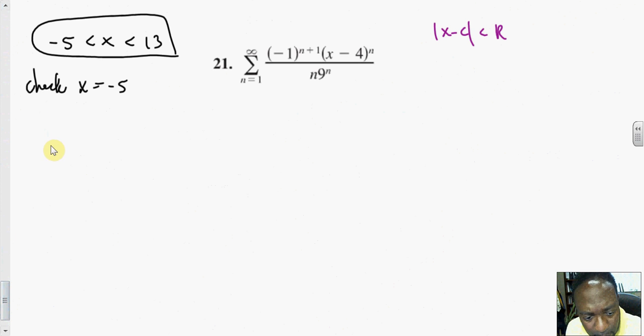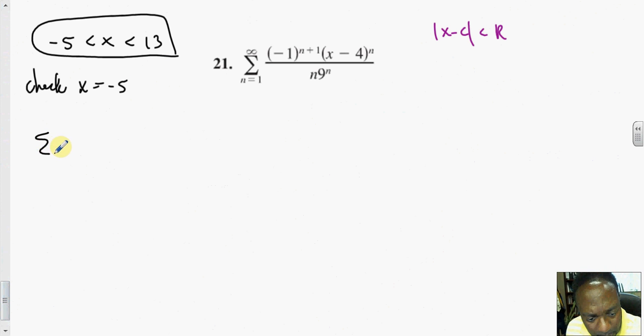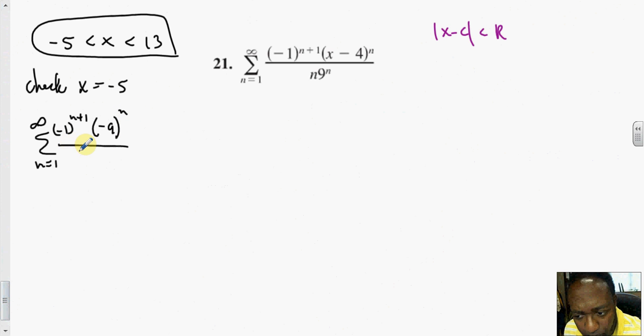So we have here the summation as n goes from 1 to infinity. This is negative 1 to the n plus 1. X is negative 5 minus 4, right? So that gives us negative 9 to the nth all over n times 9 to the nth.